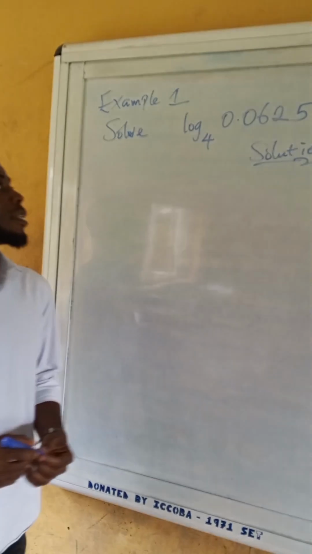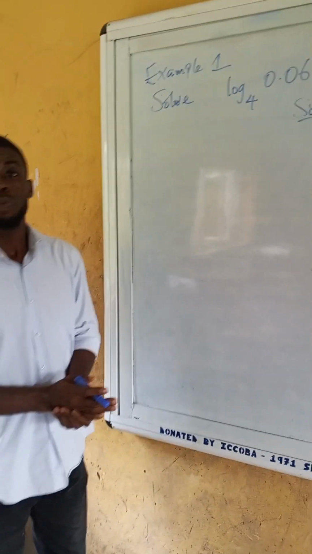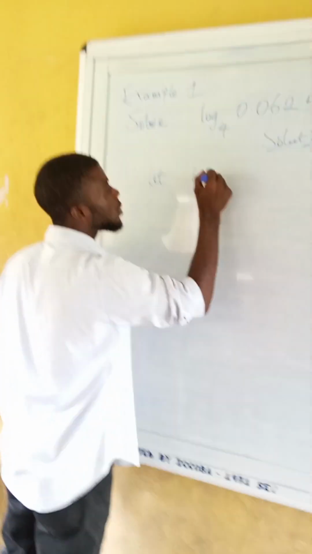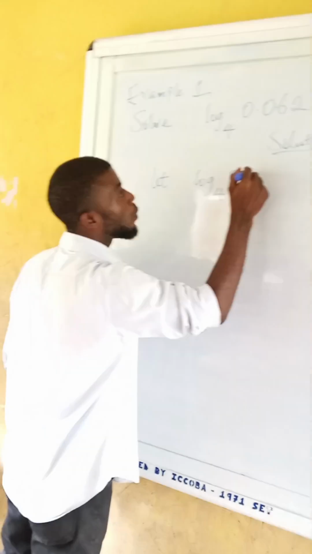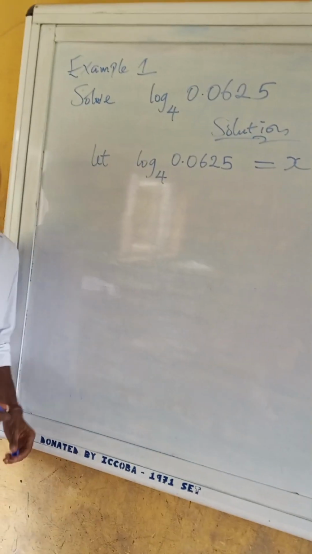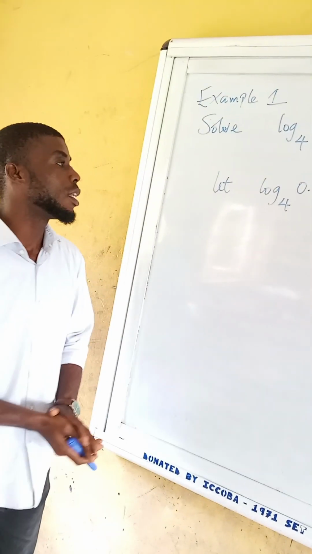Now, join me step by step. The first thing I will do is to make this logarithm expression an equation by simply saying, let log base 4 of 0.0625 be equal to X.